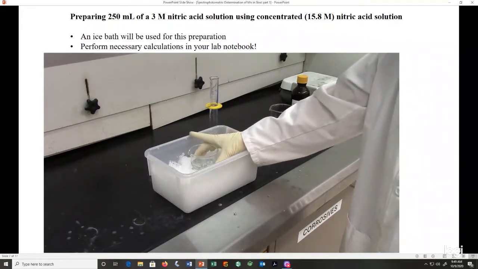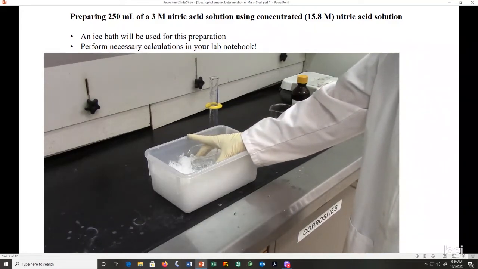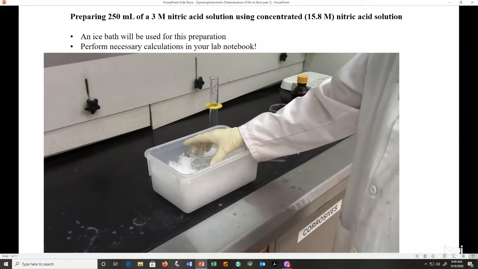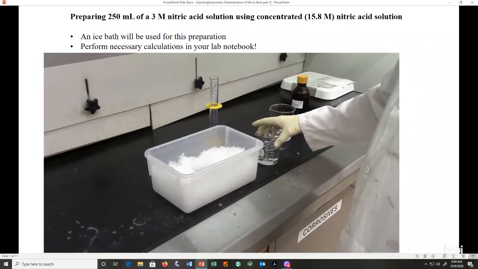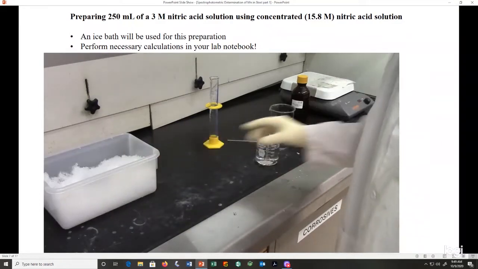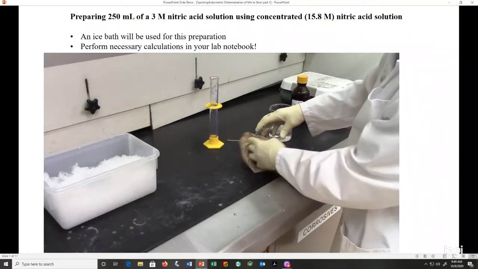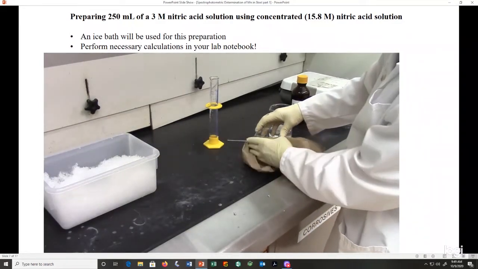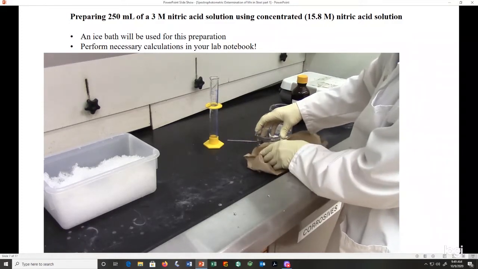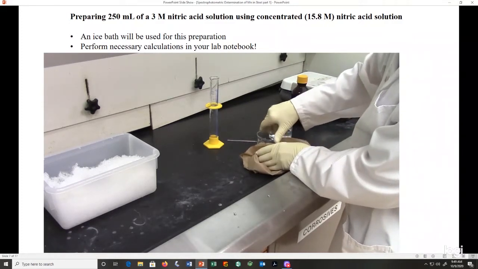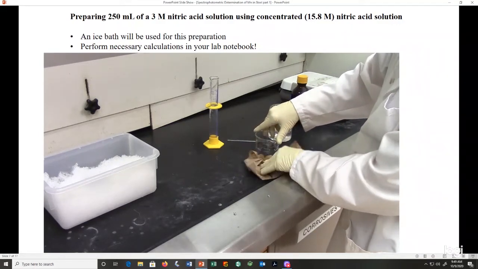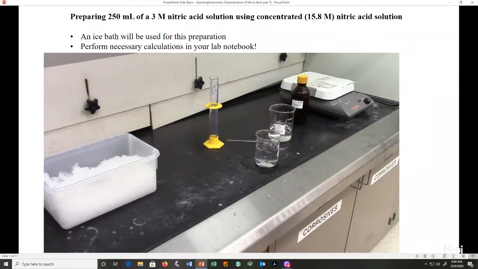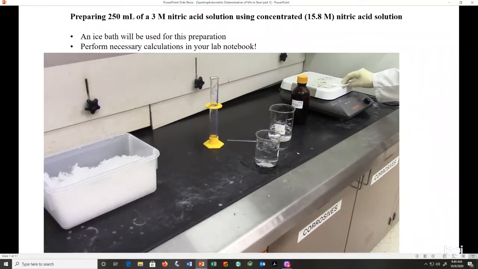So at this point, we're going to take the beaker out of the ice, maybe dry off the outside of the beaker a little bit. And we're going to put a label on that beaker to make sure we remember what's in that beaker, or if somebody else comes along, they can see what's in the beaker.